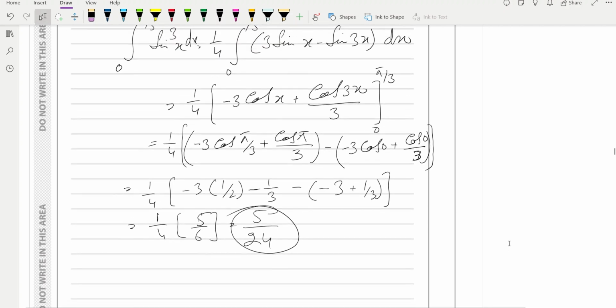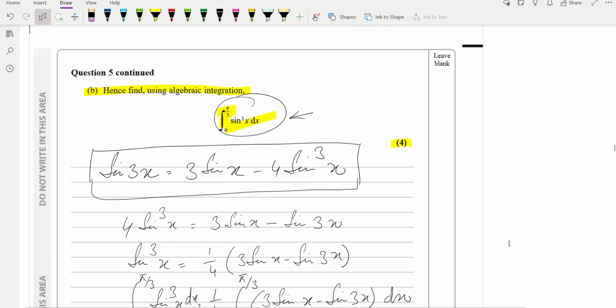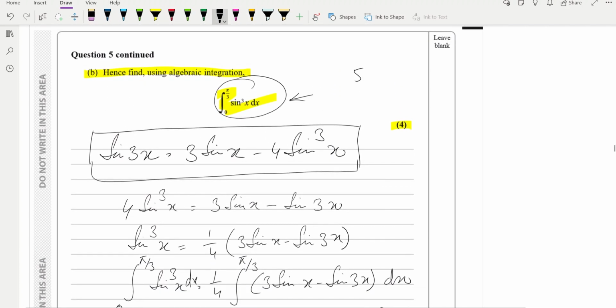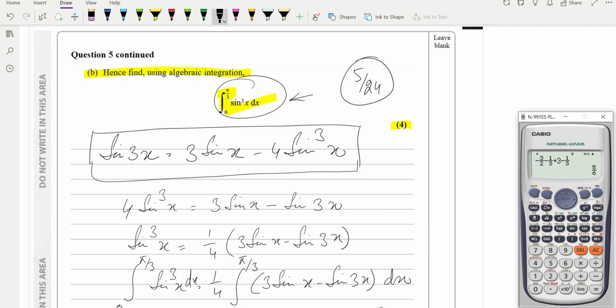After solving this one, we can check with the help of a calculator also. We got the answer as 5 over 24, and we can double check whether our answer is correct or wrong. Calculator answer we cannot provide in this 4-mark question, but we can double check whether our answer is correct or not. So for that we will take the integral of sine x cubed, and then we can write the limit.